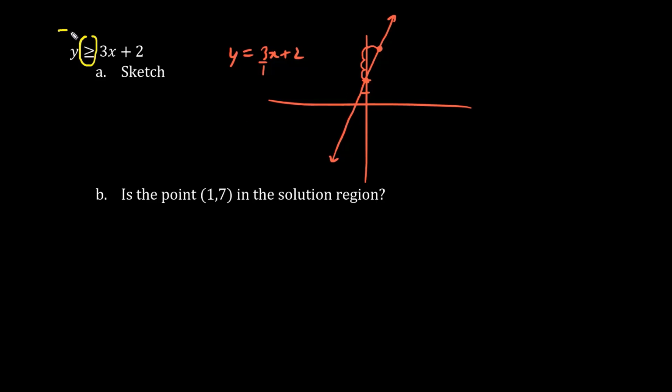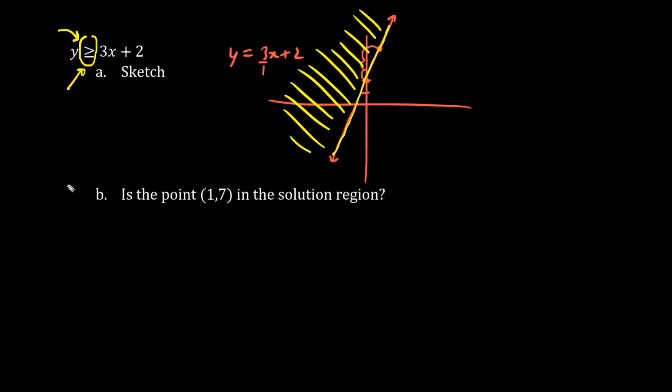We're going to draw above the line because y is greater than this line. So we shade in a solution region, an area. So everything north of this line is a solution region. And we include the actual line as part of the solution region. So it's a solid line because of this equal sign here. If there was no equal sign, it would not be solid. It would be dashed.